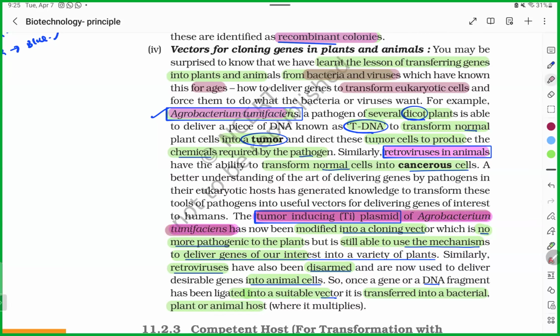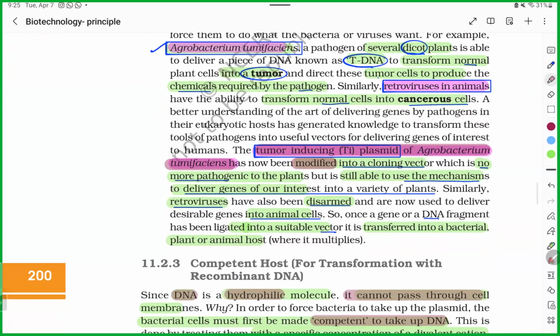If we can modify this, we can transfer our gene, what we want to transfer, into the plant without the plant being affected. So the plant will not have any problem. We are transferring our gene and the plant is not having a tumor. So it is beneficial for us. We will use the bacteria for our purpose. And there will be no disease in the plant. Correct?